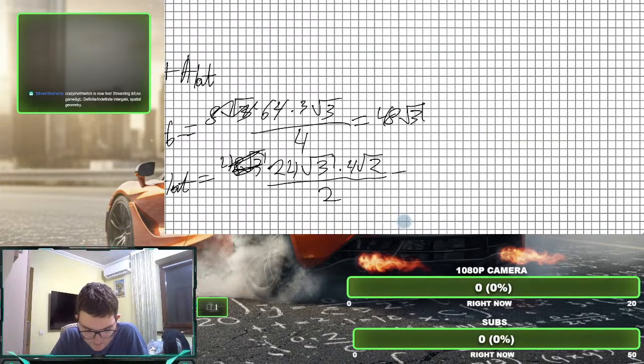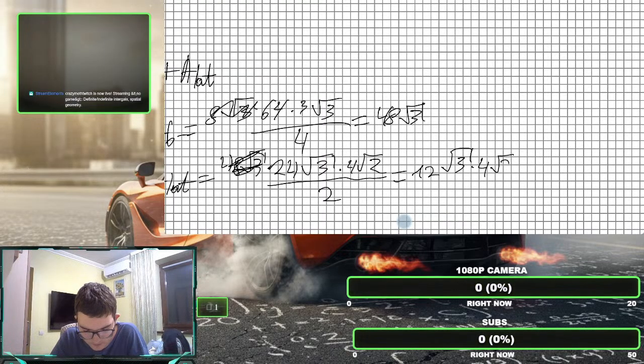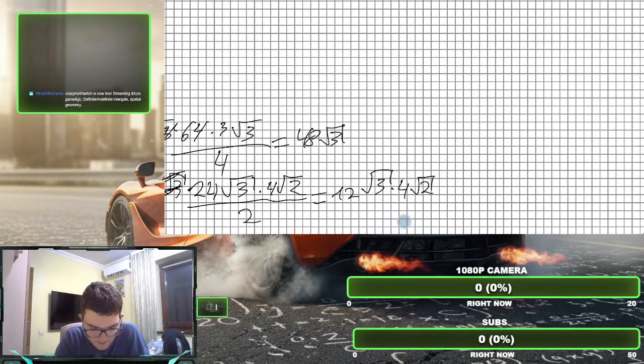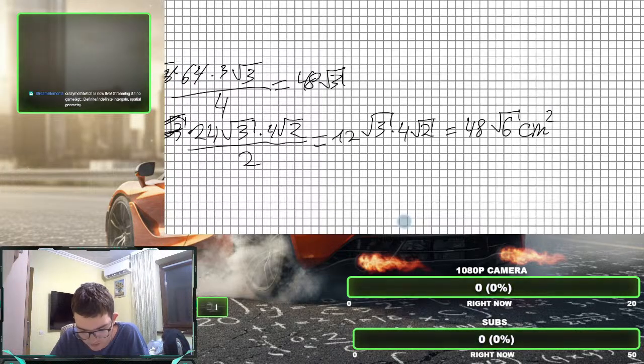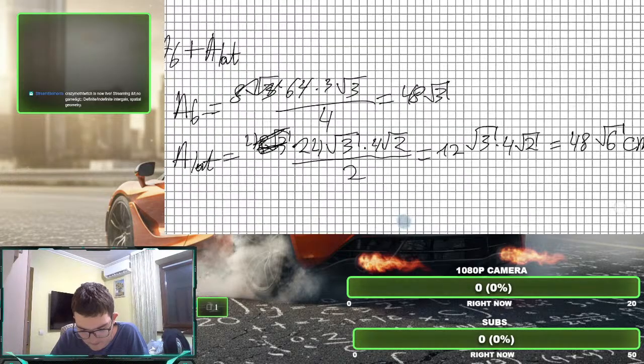So here I have 12 square root of 3 times 4 square root of 2. So it would be 48 square root of 6 centimeters squared. Right, this is what it would be.